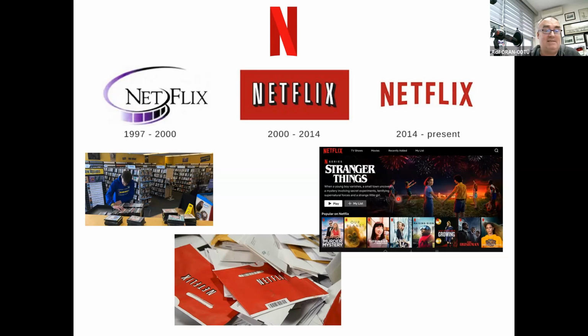Once this began, wow, things really started to take off, especially as computer usage and internet connections became faster and faster. It became a hassle to wait for the DVD to arrive. Some people actually still use the mail-in version of Netflix. The numbers say almost 3 million people still use it, maybe in places where they don't have good connections.